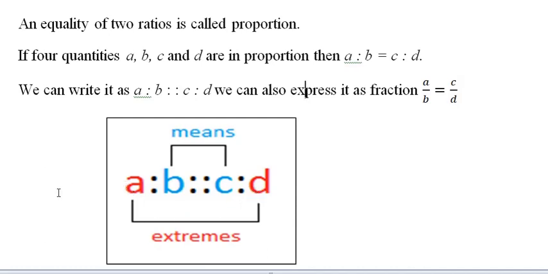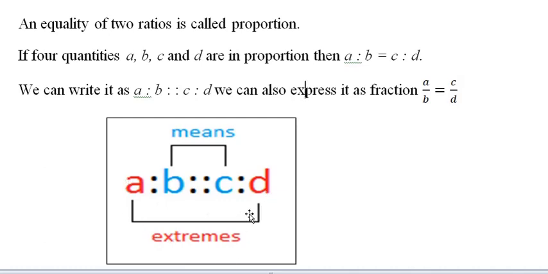A is lying towards the left-hand side and D is lying towards the right-hand side. Since they are lying outside, these are called extremes. If they are lying inside, in between, then they are called means. So here in this proportion, B and C are means and A and D are extremes.